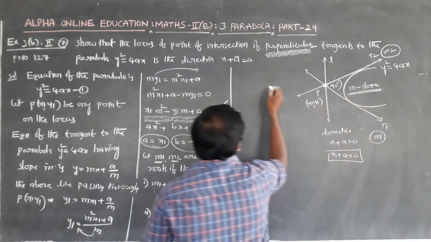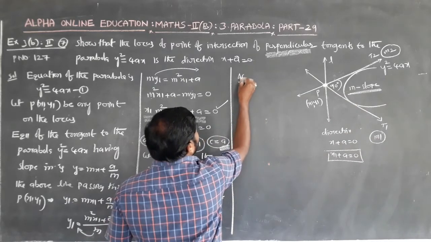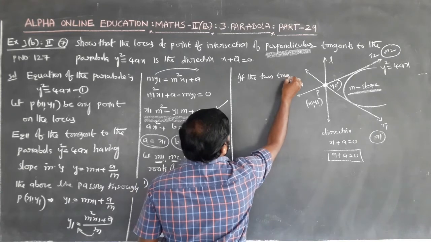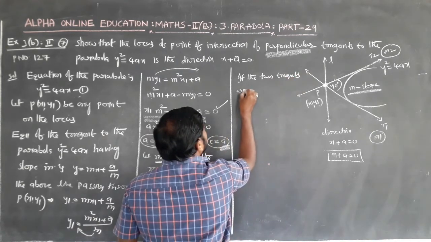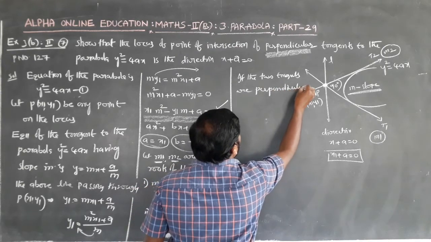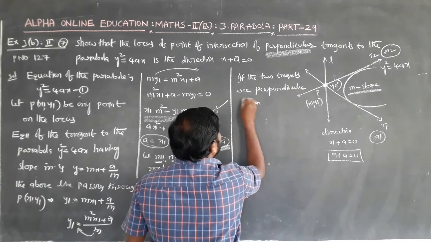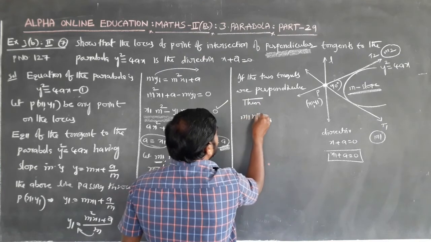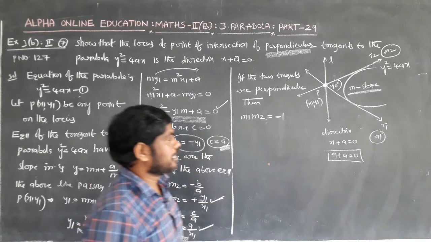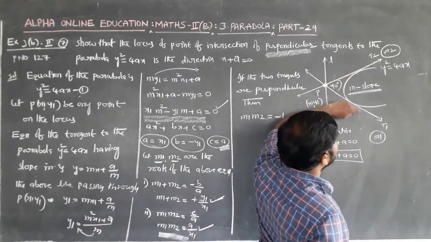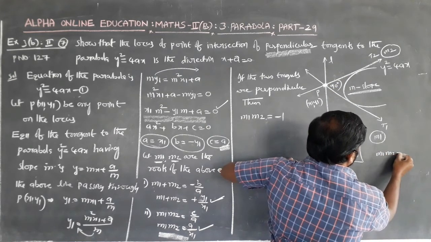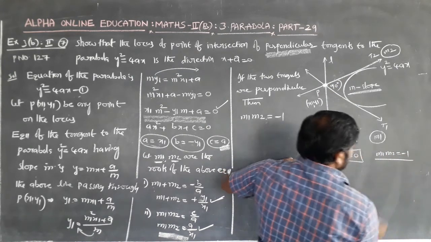If the two tangents are perpendicular, then the product of the slopes is equal to minus 1.